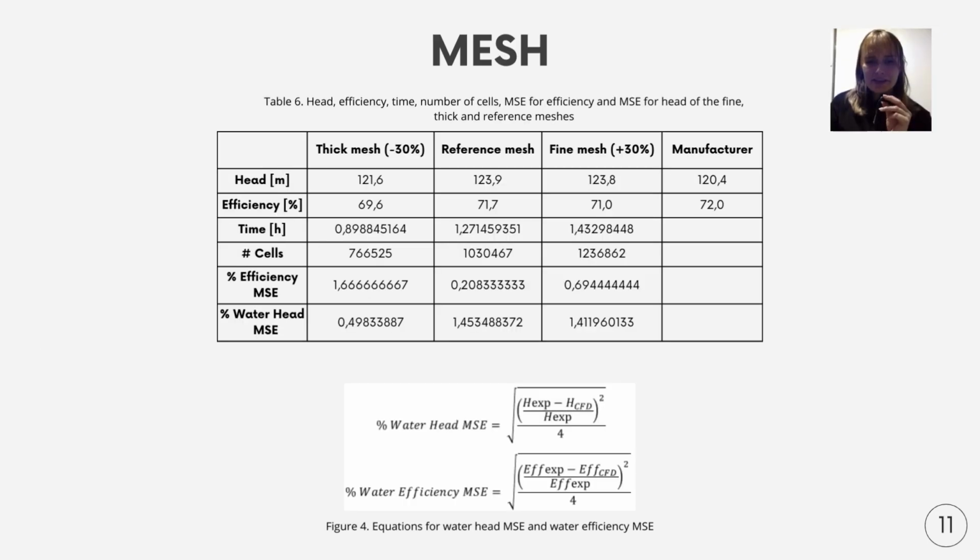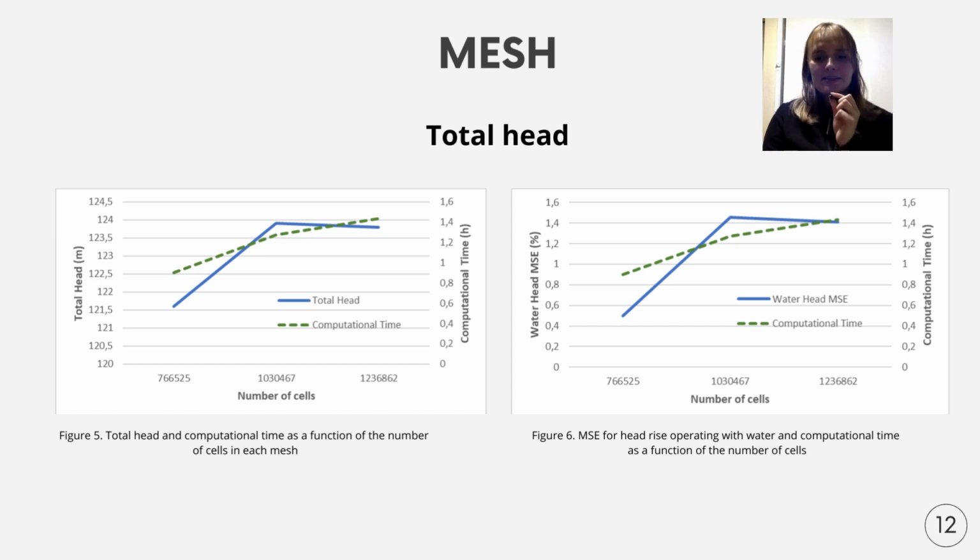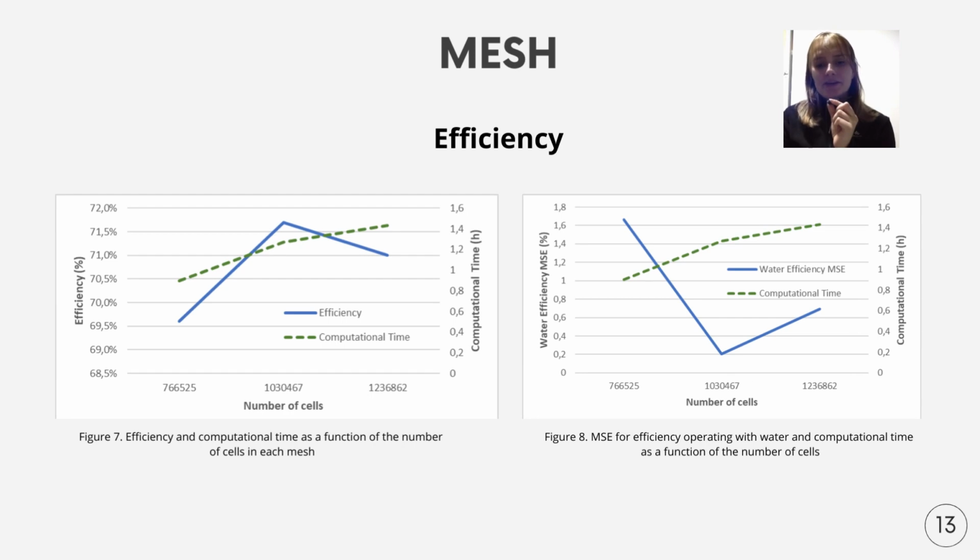There are three criteria for deciding which mesh to use: the MSE of efficiency, the MSE of head, and computation time. This table shows these parameters for each mesh: thick, reference, and fine. In these graphs, you can see the total head and water head MSE for each mesh. And here you can appreciate the efficiency and water efficiency MSE for all three meshes.